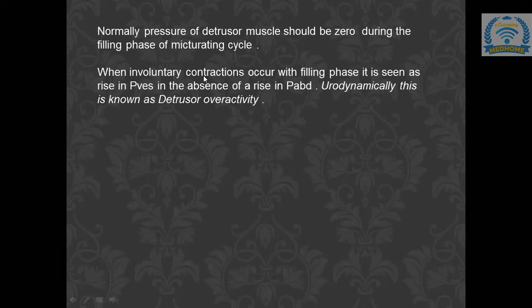Now, whenever there are involuntary contractions because the patient is having detrusor overactivity, these contractions occur in the filling phase. It is seen as a rise in the vesical pressure in the absence of a rise in the abdominal pressure. This is what we call detrusor overactivity. I'm going to explain it, and it will be more clear to you in the next few slides.